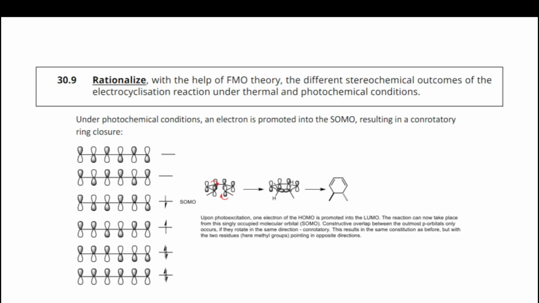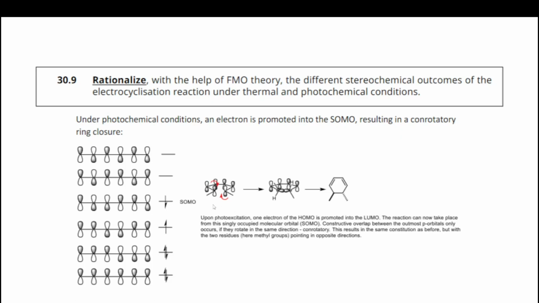Now we have antisymmetric, and that means when we have this three-dimensional diagram, we can see that in order to put them into the same phase overlapping with each other, we need to rotate them both clockwise. Actually, it doesn't matter whether you rotate anti-clockwise or clockwise. What matters is that you rotate both left and right orbitals in the same direction on the clock. Let's say clockwise here.